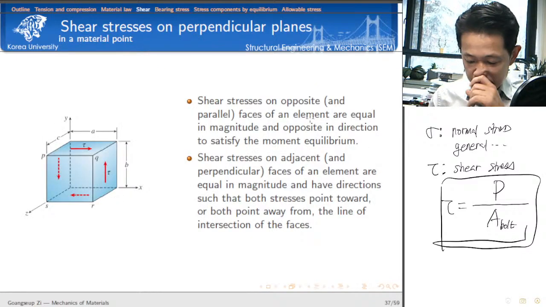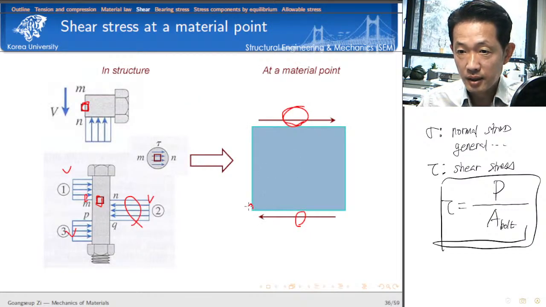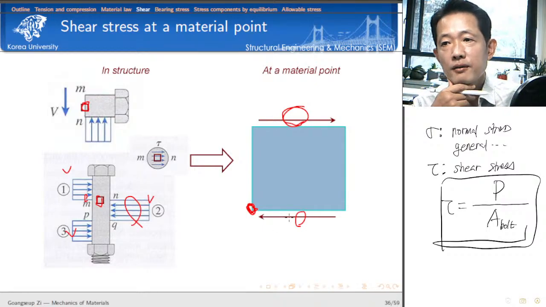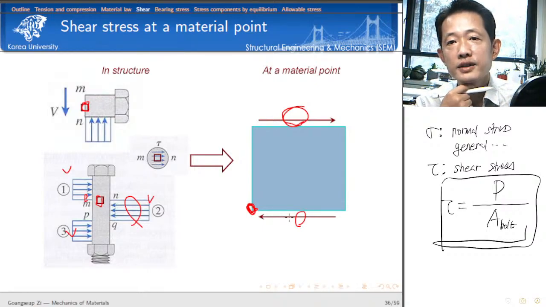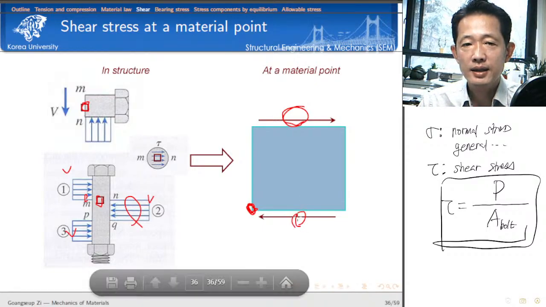The problem is, if you check the moment, I want to consider this as the reference point here. So let's check the moment contribution. The definition of moment is force times the arm length. To calculate the moment with respect to the reference point, first we need to calculate the force: the shear stress tau times the acting area.